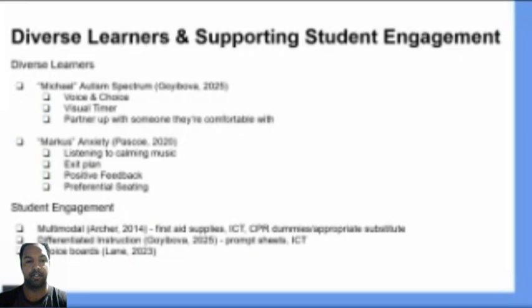Other strategies, such as showing the content on the screen, can provide them with a level of structure, reducing the student's anxiety about upcoming learning throughout the class. I also included exit passes, which allow him to remove himself from the situation should he need to calm down or relax.